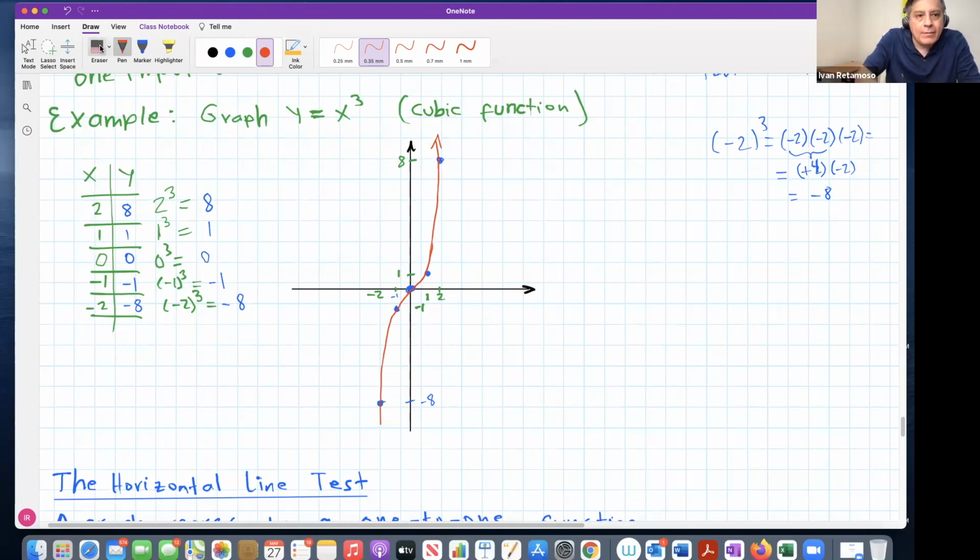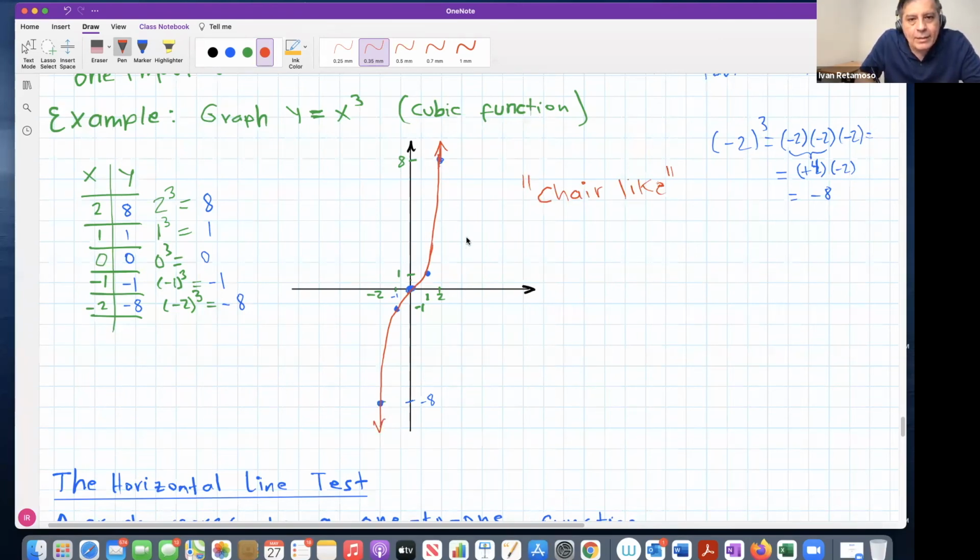I'm going to call this a chair-like function. The representation of the quadratic function turned out to be a parabola, right? This one, let's call it a chair-like function, because it looks like a chair where we sit.